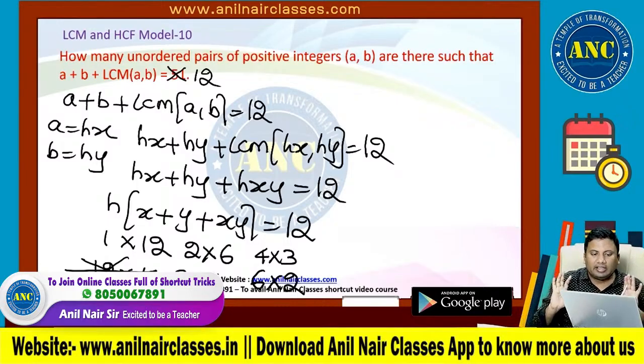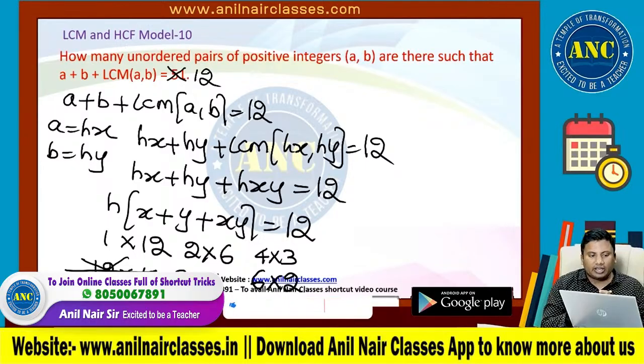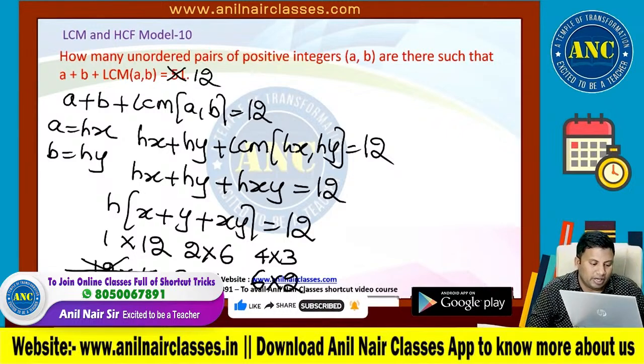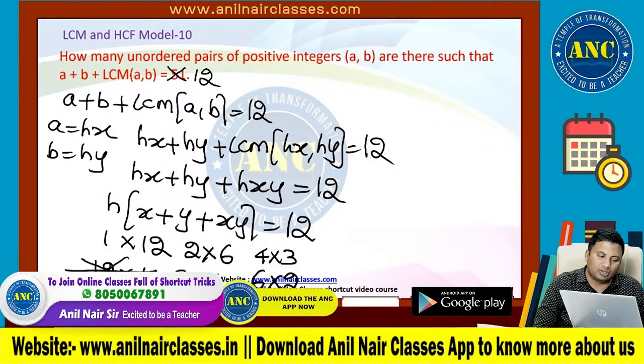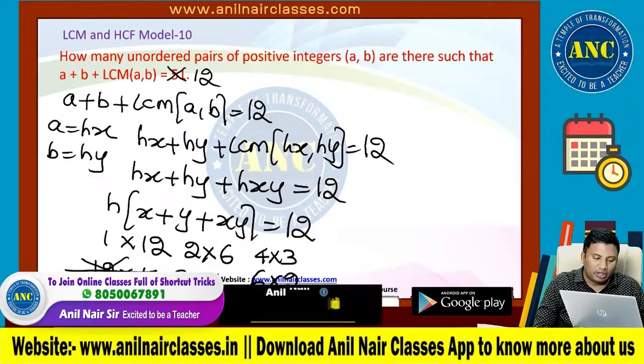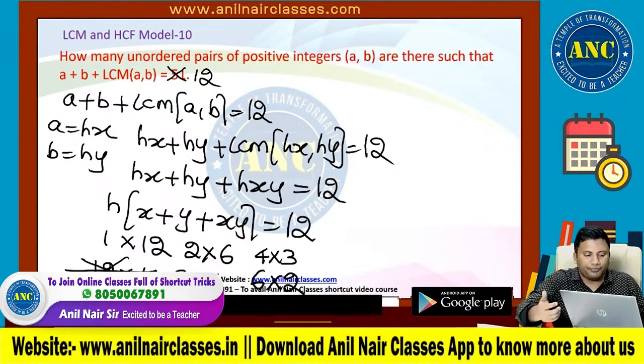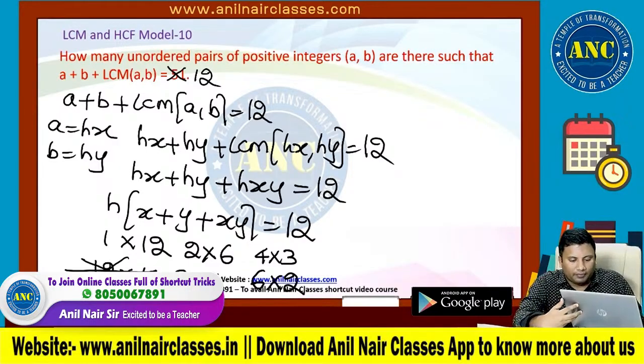Till here is it clear? A is hx, B is hy. hx plus hy plus LCM of hx hy is 12. h into (x plus y plus xy) is 12. 1 into 12, 2 into 6, 3 into 4, 4 into 3, 6 into 2 and 12 into 1. Remember, right now I will write it.